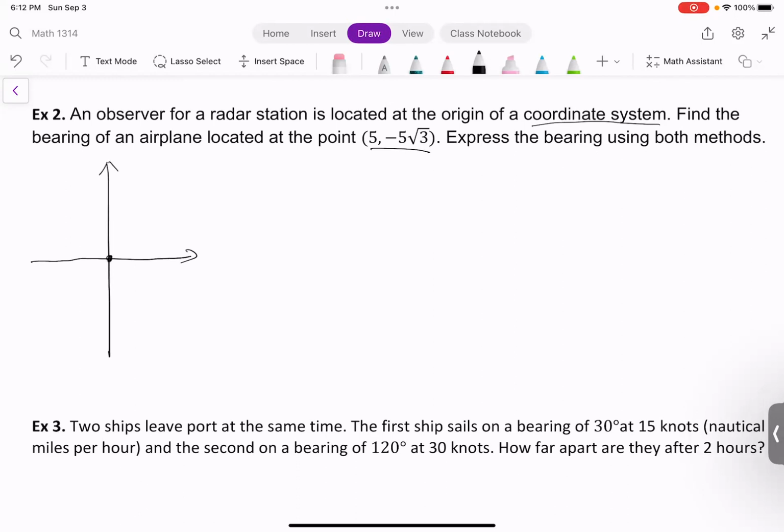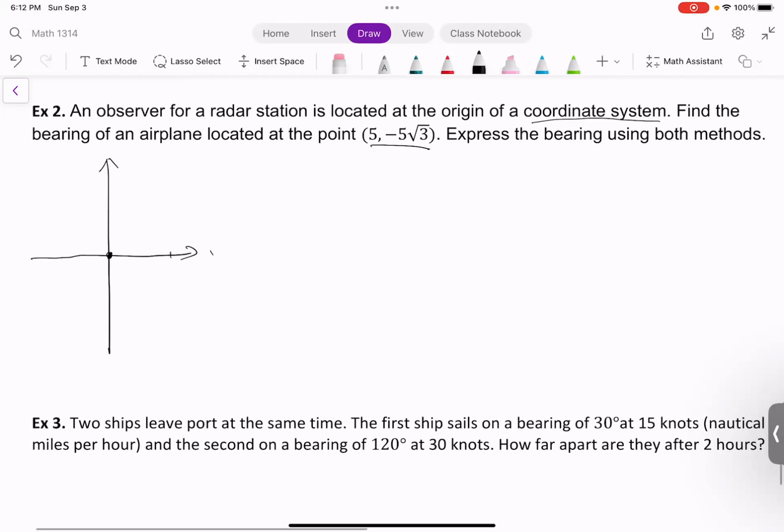So this is the origin and the point 5. So the X value is 5. The Y value is -5 square root of 3. So I'm having a point at the intersection here. So from the origin to the point here, we say the origin is O. All right, it's talking about the bearing.